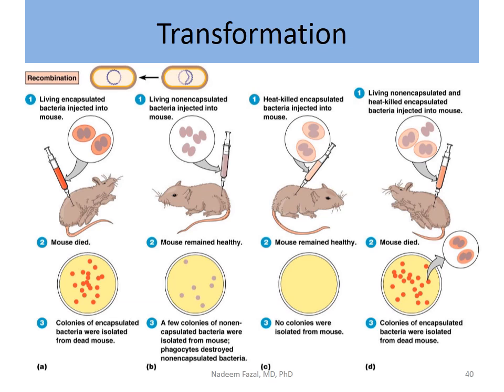Now, they put living non-encapsulated bacteria into the mouse and the mouse remains healthy. That gives you the information that the lethal or virulence factor is the capsule. That's what it shows you, right? So if you remove the capsule, the mouse remains healthy.